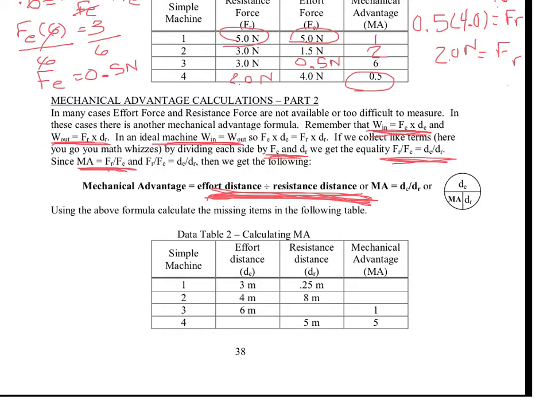We're going to do the same thing again, but this time in this data table we have distances rather than forces. So our mechanical advantage is equal to effort distance divided by resistance distance. So 3 meters divided by 0.25 meters, not newtons anymore. So that is going to be 12, a mechanical advantage of 12.